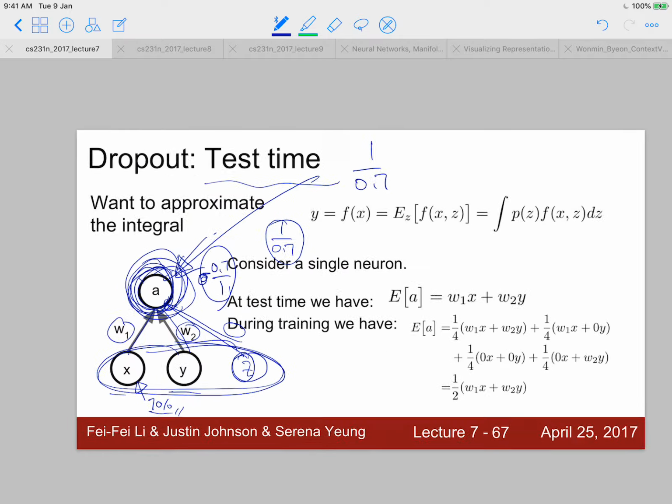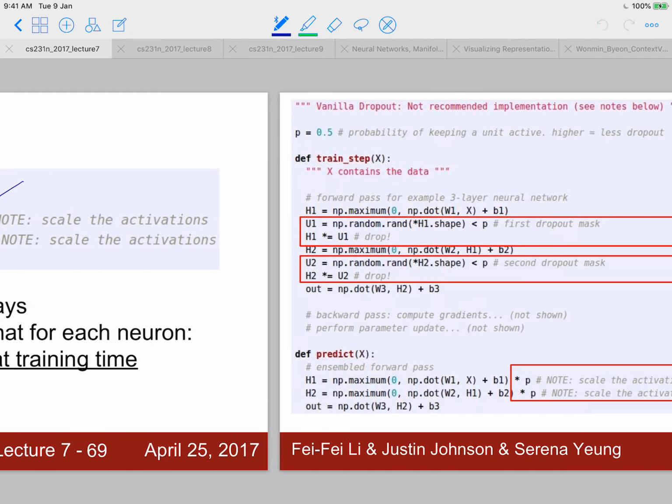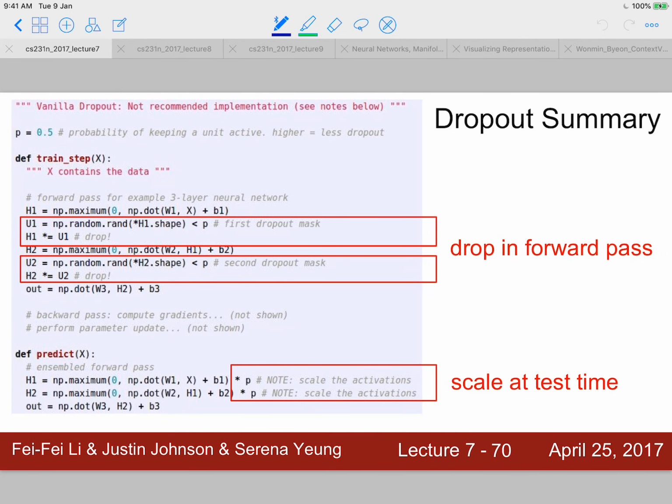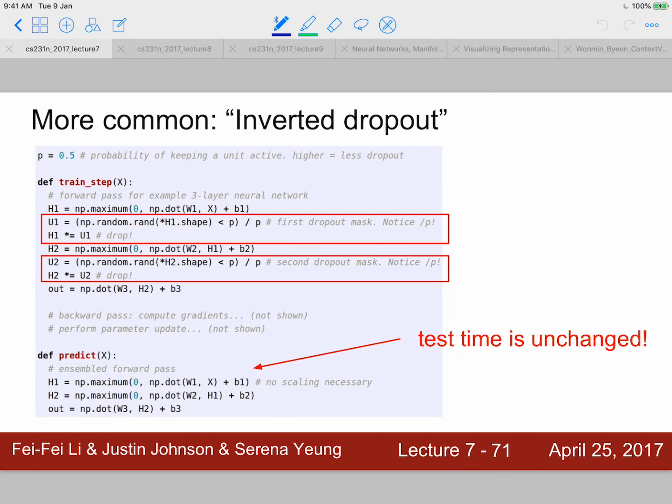So that is this step. We increase each of these activation values while doing the dropout during the training stage. Any questions so far?